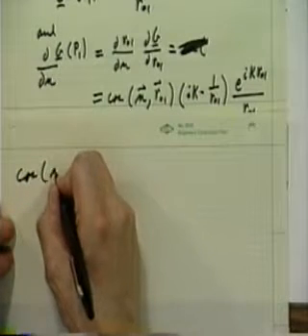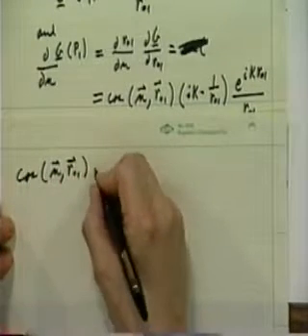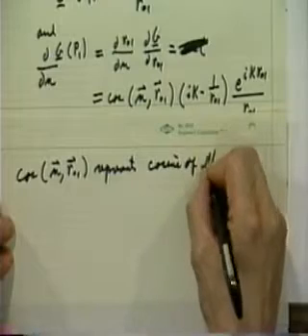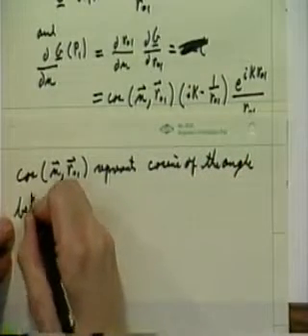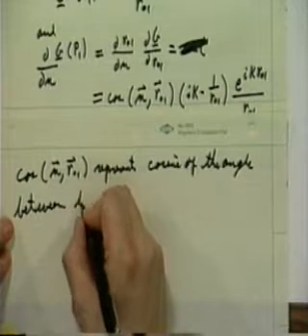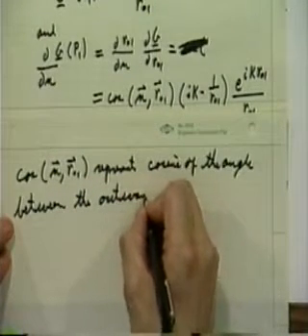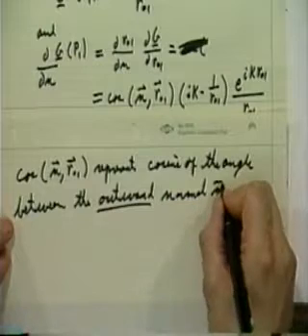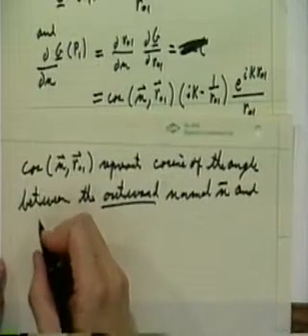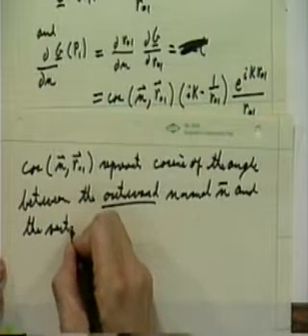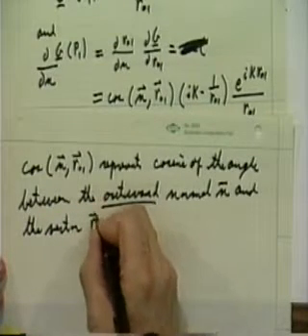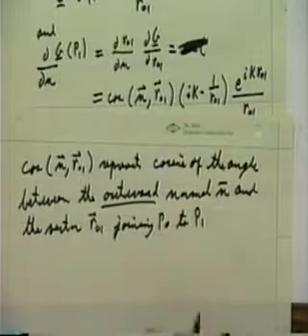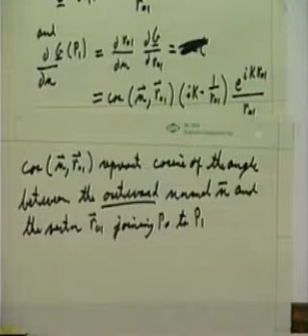So cosine of n R01 represents the cosine of the angle between the outward normal n and the vector R01 joining P0 to P1. Okay.